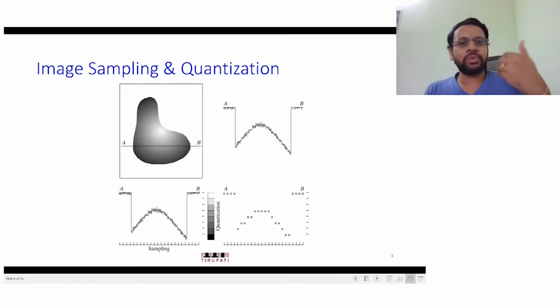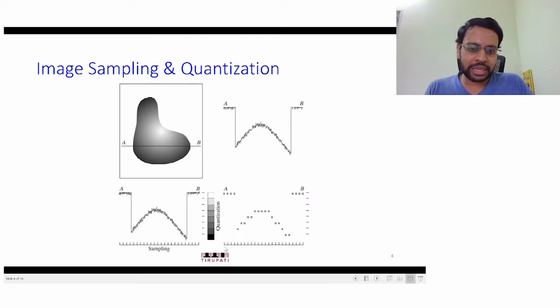But that's not how we would be storing the values. If you call it an intensity, you would be doing intensity quantization as well for storing its values. So there is this quantization, and with those quantizations, this is how you get the values.